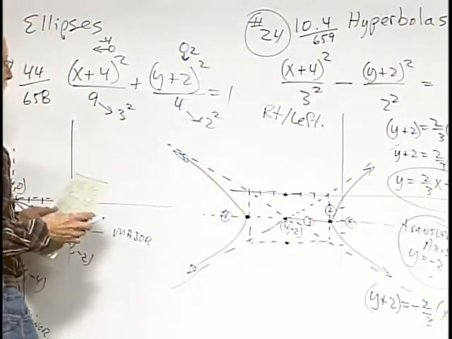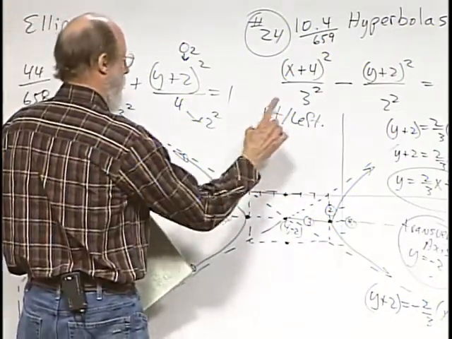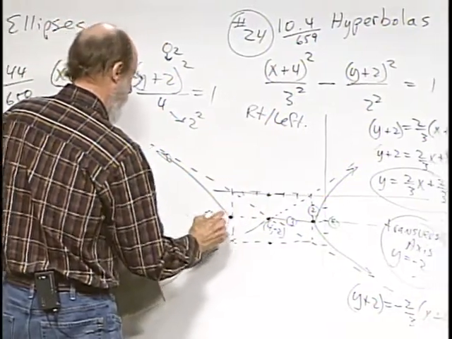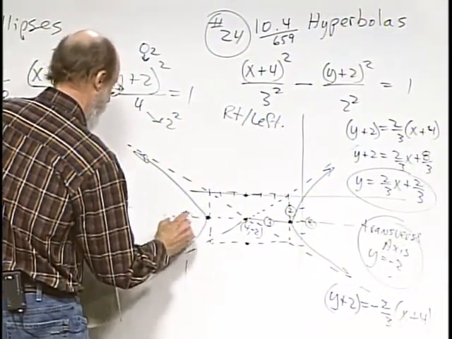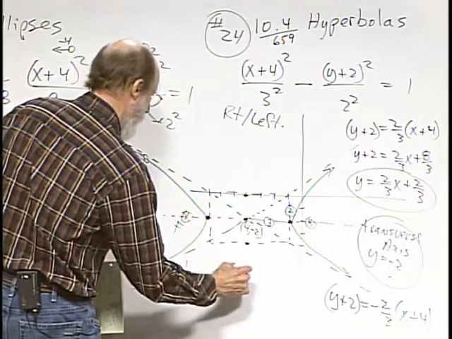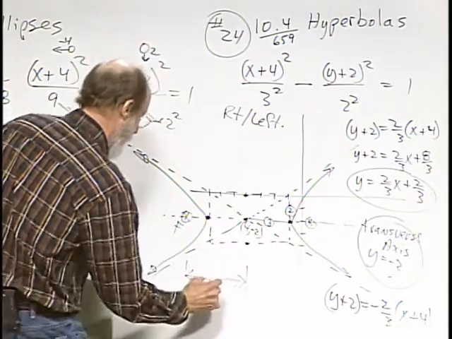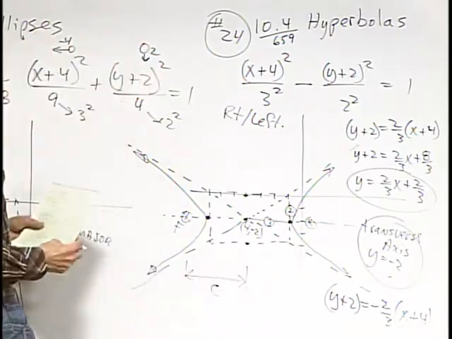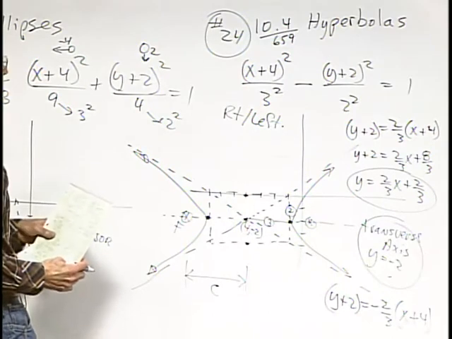And the easy way to find that focus length is you do the following. The distance from the center to the focus point, let's call it C again. It's real easy to find with a hyperbola.